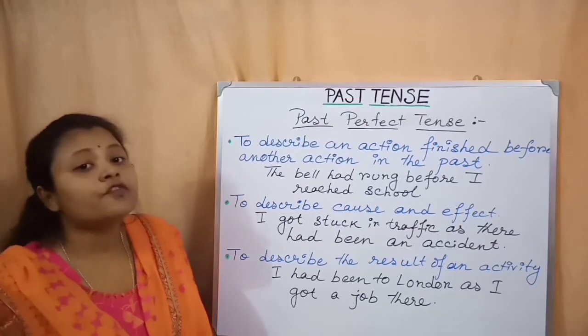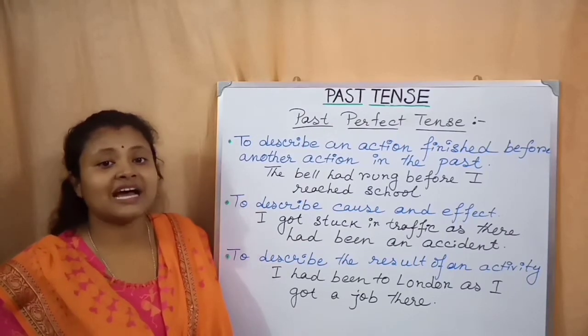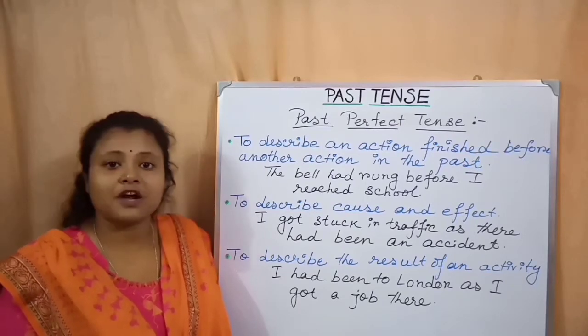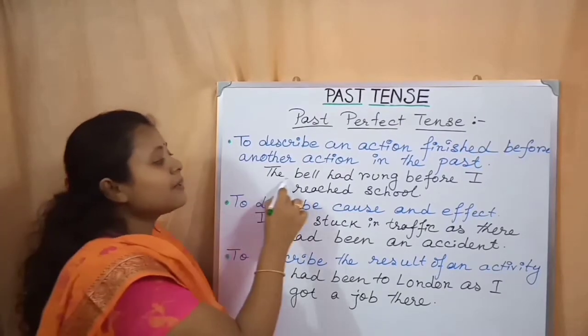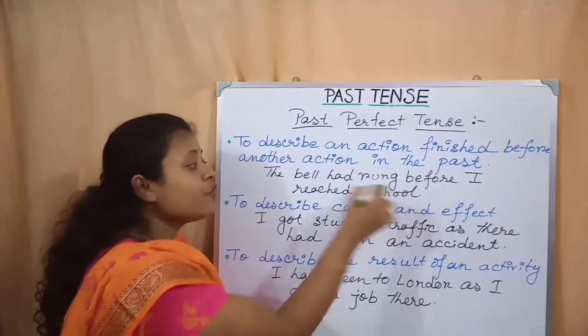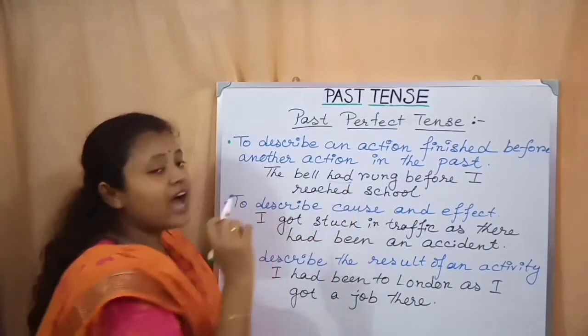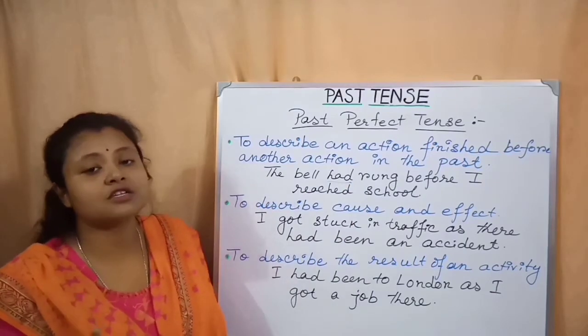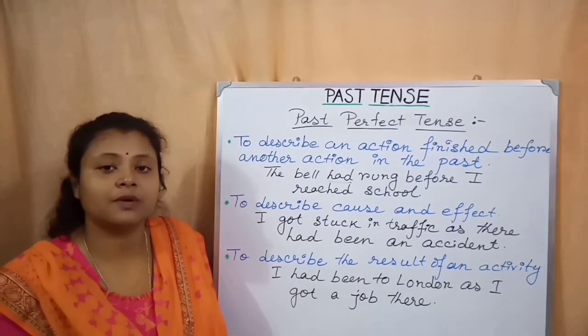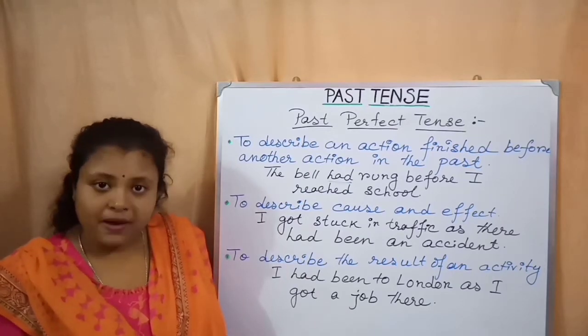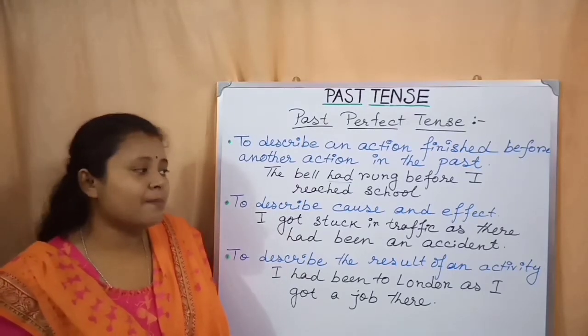So, here, for the first action that had occurred in the past, we have to use the past perfect tense. So here the bell had rung before I reached the school. After had, you have to use the past participle form of the main verb. Ring is the present tense, rang is the past tense and rung is the past participle.